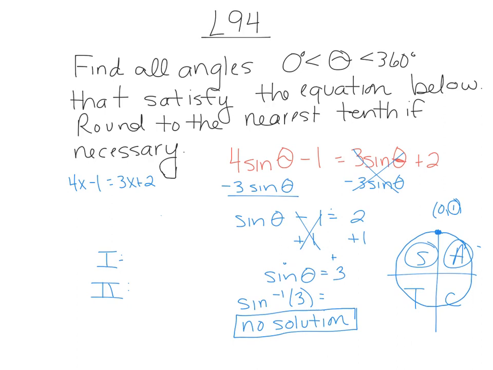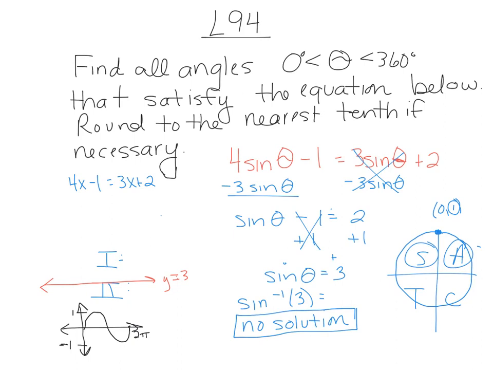This is also true if we think about the graphs. I'm kind of running out of new spaces to draw stuff. If I draw the graph of sine, 2 pi, this goes up to 1 and down to -1. If I'm trying to say when does the sine graph equal 3, right, that's never.